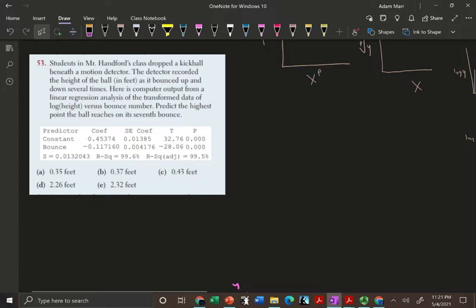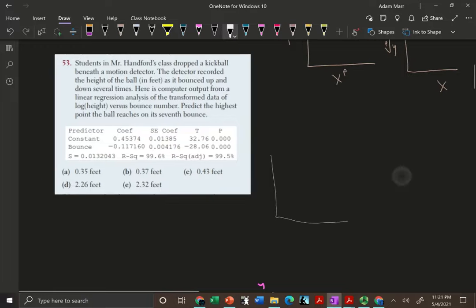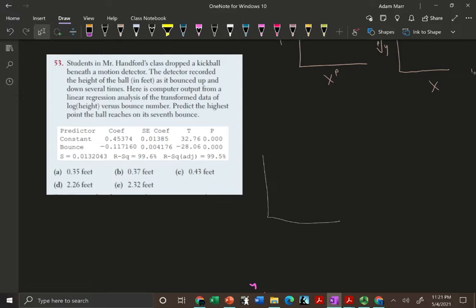Predict the highest point the ball reaches on its 7th bounce. First thing I would do is draw a quadrant 1 graph. The x is going to be the bounce, because in this Minitab table, the x value is always listed where the slope is.